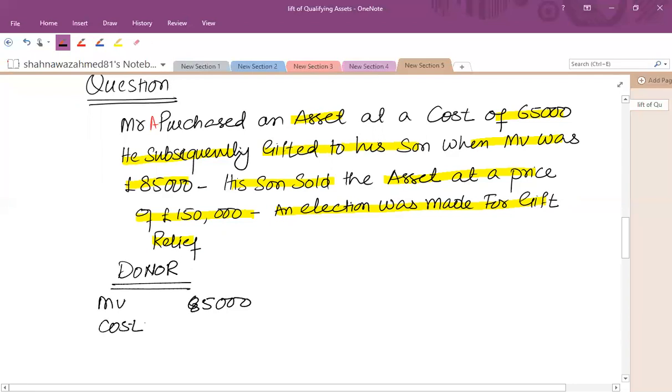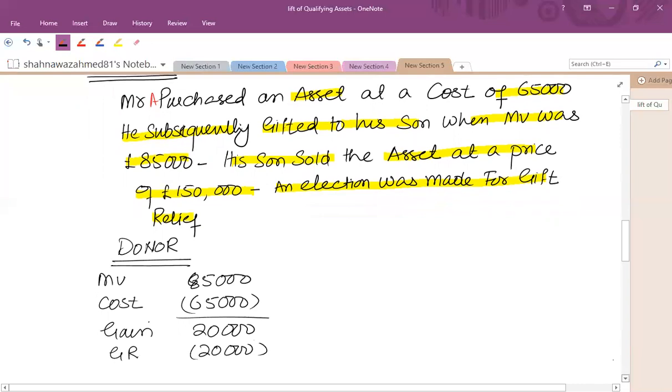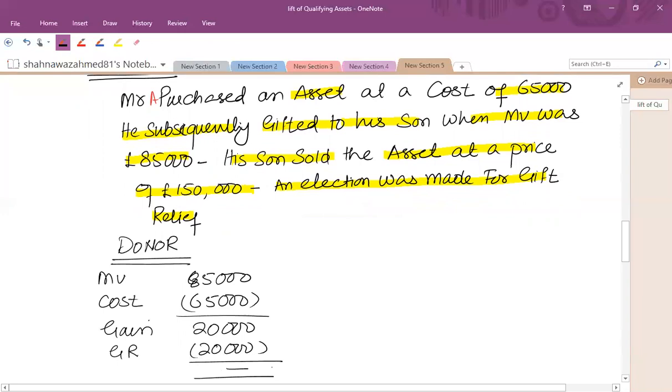Its original cost was 65,000. So a gain of 20,000. This is the chargeable gain, and you'll get gift relief on this. So from the donor's point of view, there is no gain, no loss.